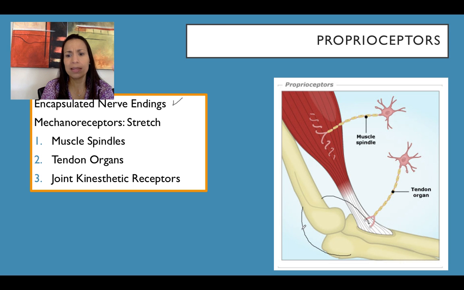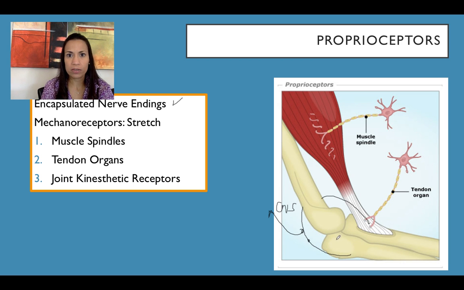They can detect pain, but usually what they detect is movement of the joint, sustained movement, and the acceleration, the initial movement. So in that way, it can let the central nervous system know at any given time the position of every joint in our body.